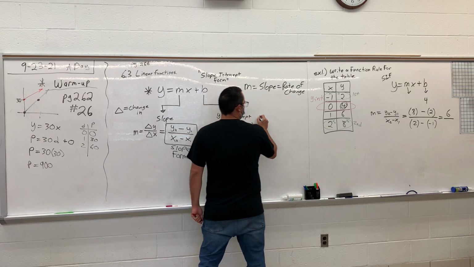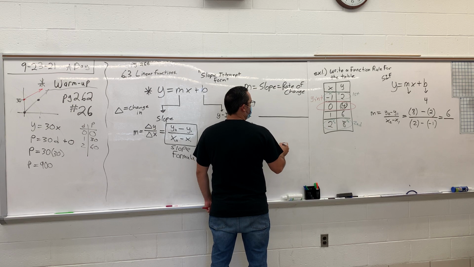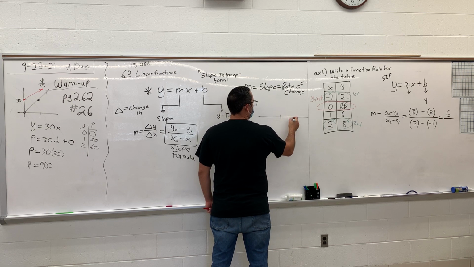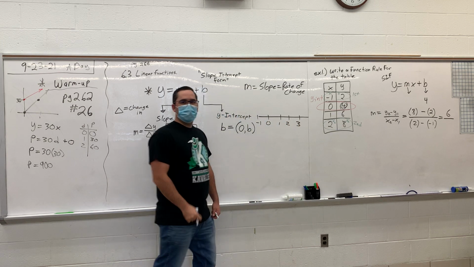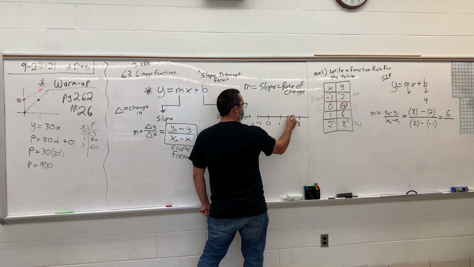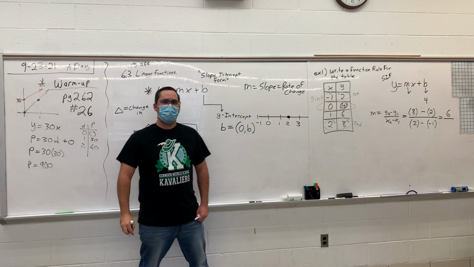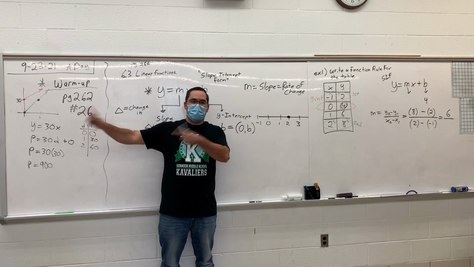If you've got a number line, and we're doing 2 minus negative 1, here's 2. When we subtract, which way do we go? That way. But that's when we subtract a positive.